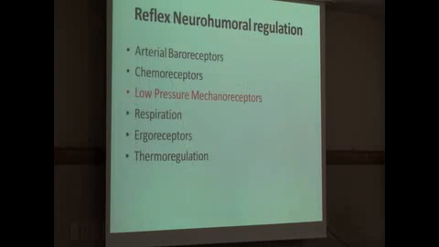So this mechanism implies that if we have a poor composition of the blood at the level of the chemoreceptors, too little oxygen, too much CO2, the blood pressure will go up.